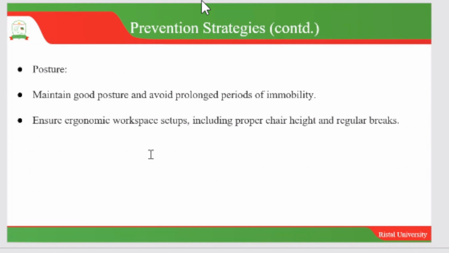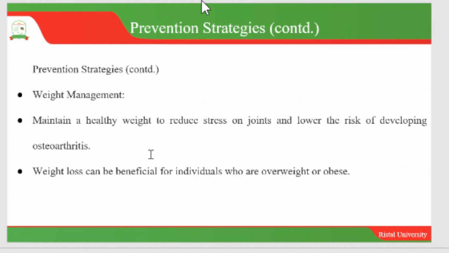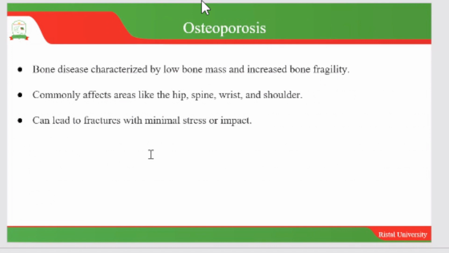They sit on their backs. Some people are sitting in very weird shapes. I hope you know what I'm talking about. Yeah. So also weight management is key. Maintaining a healthy weight will help us reduce the amount of stress that we are putting on these joints, hence lowering the risk of one getting osteoarthritis. And weight loss can be beneficial for people who are overweight.